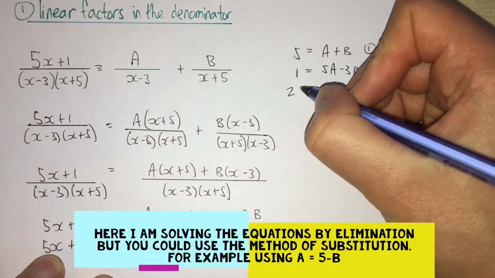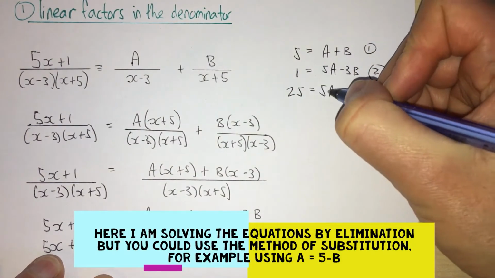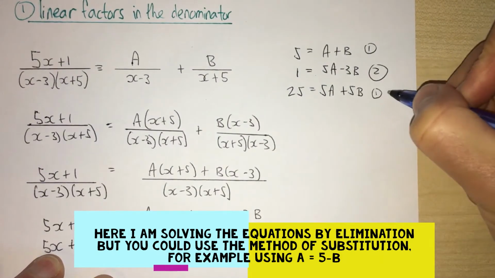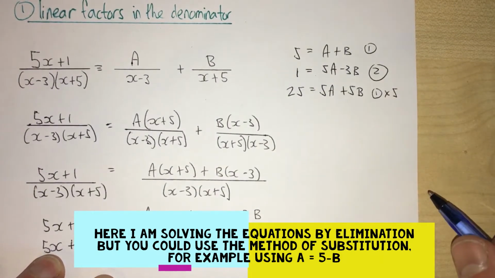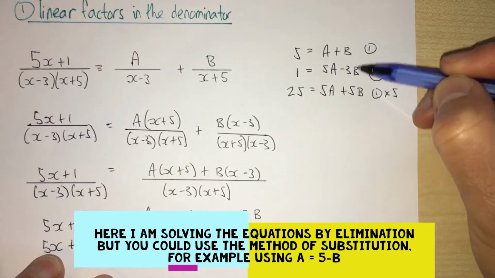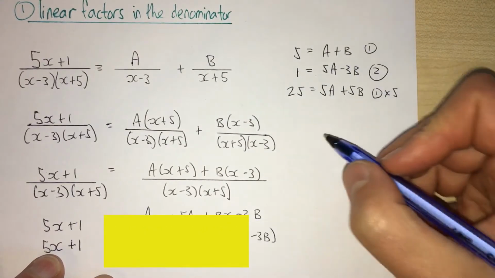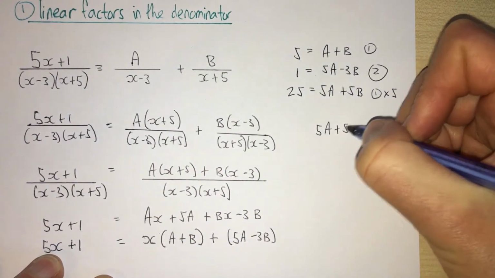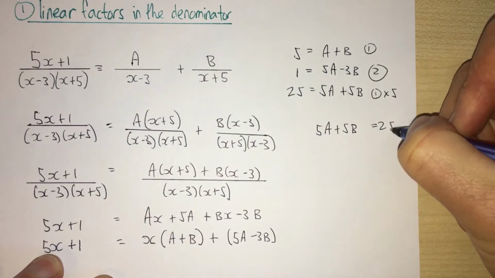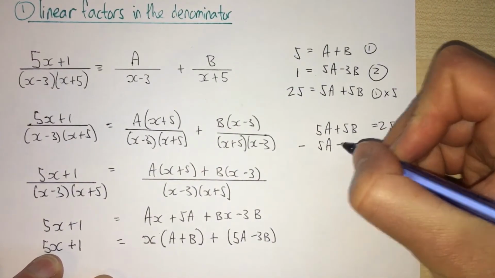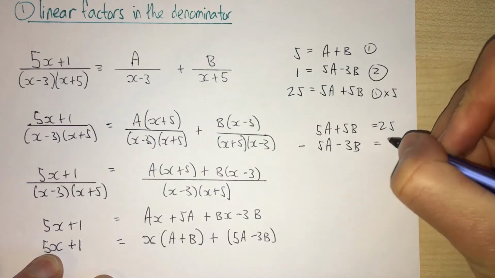So that'd give you 25 equals 5a plus 5b, by taking the first equation and multiplying it by 5. And now we might say, well, actually, let's subtract these two equations. So if we do 5a plus 5b equals 25, and we'll subtract this equation here, which is 5a minus 3b equals 1.